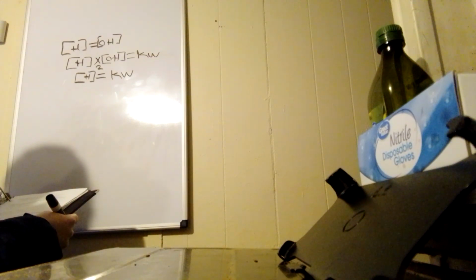So since it's squared, we have to get rid of the square. In this problem, they give us a KW of 1.10 raised to the negative 13.